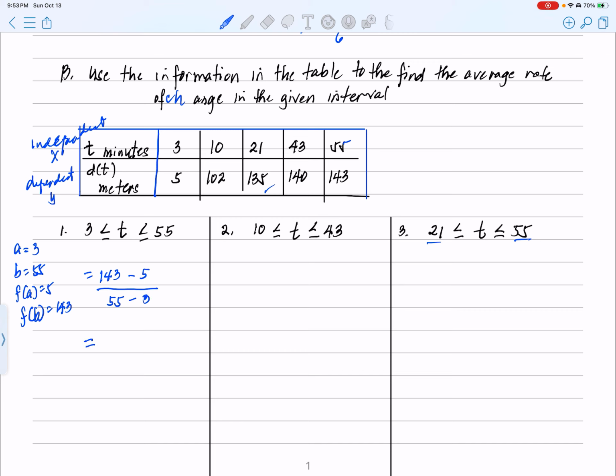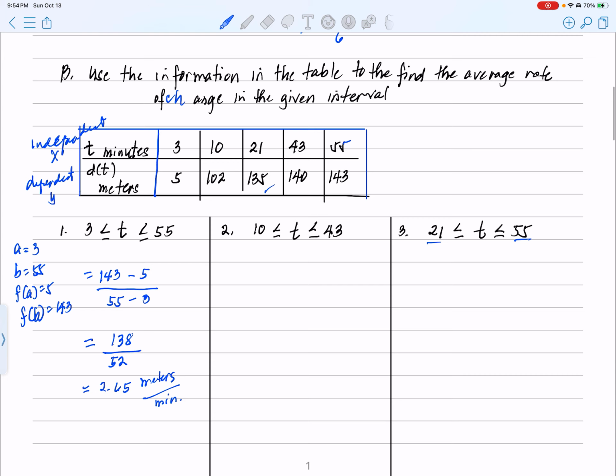So 143 minus 5, that is 138. 55 minus 3, that's 52. And then you divide that, you come up with 2.65. That is meters per minute. Okay?